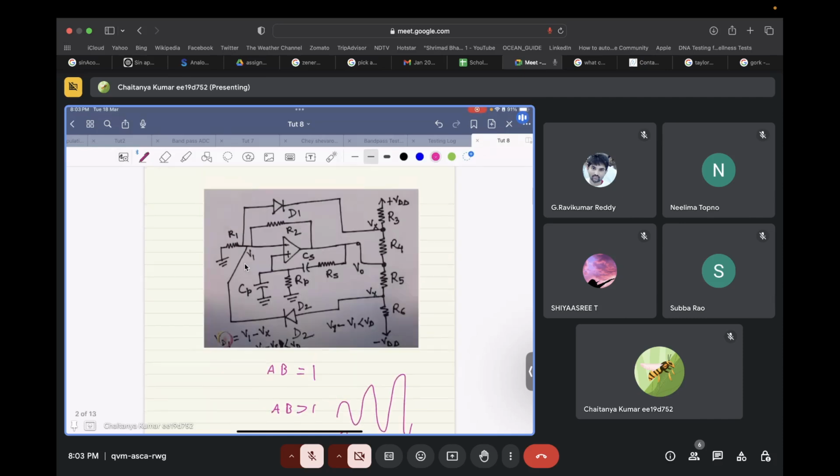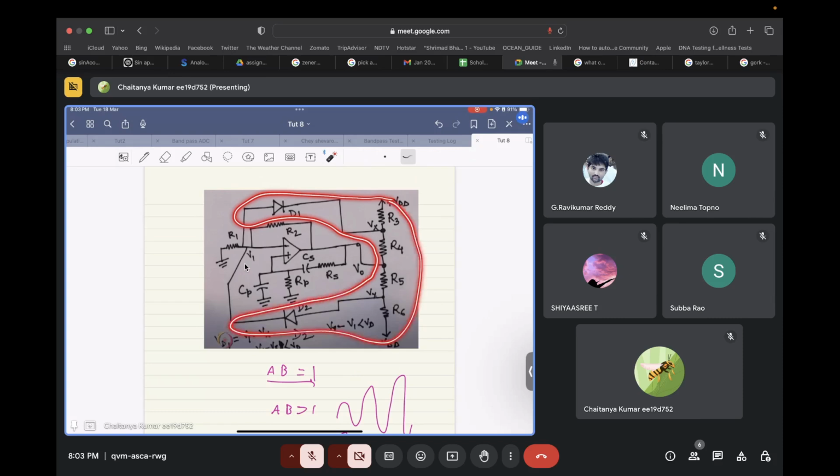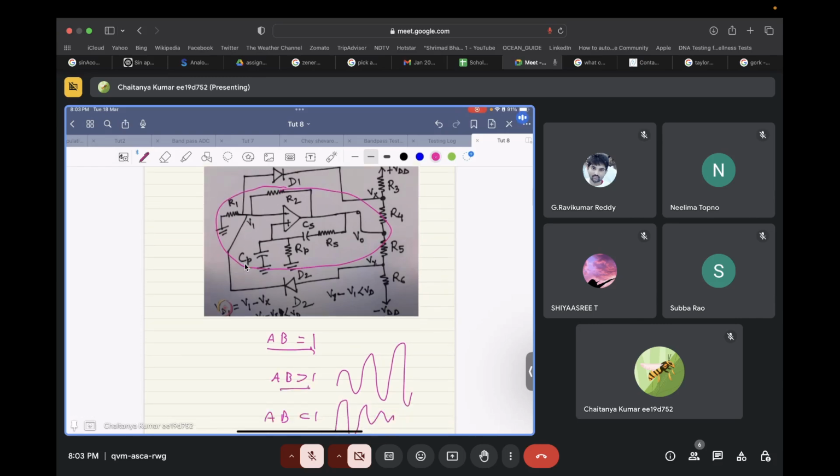In order to maintain A beta equal to 1, this additional circuitry is required. If this additional circuitry is not there, the core is so designed that A beta is always greater than 1.